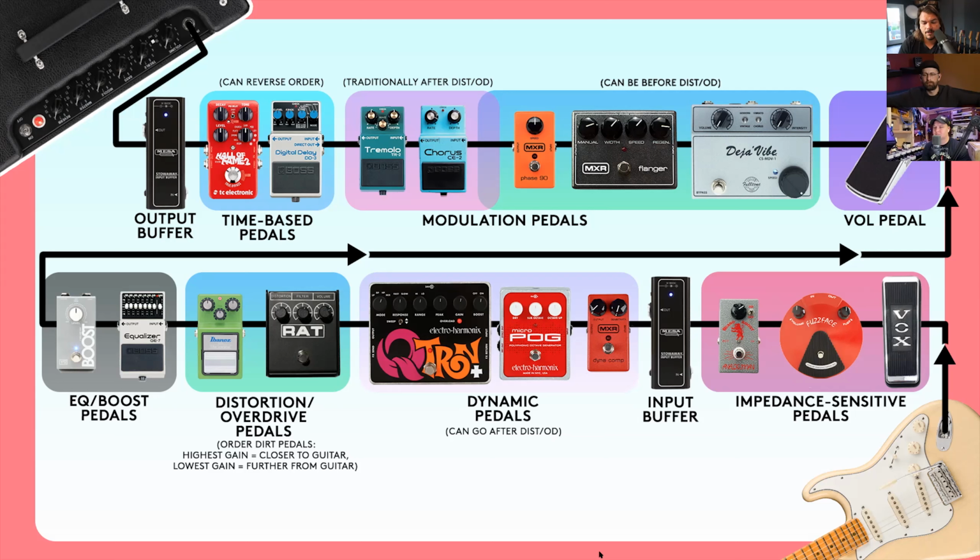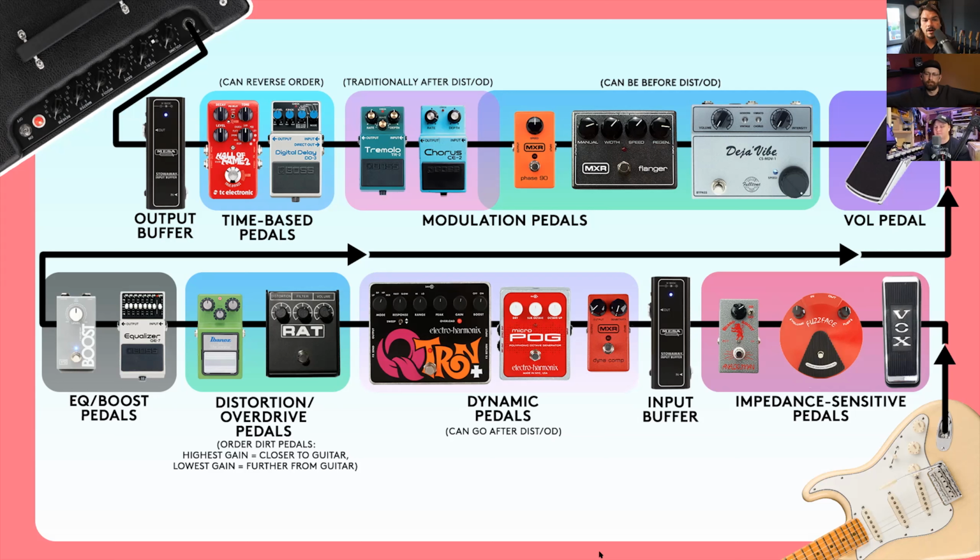The other thing that should be said is that if you have an input buffer, let's say like a Mesa Boogie Stowaway and not a cool interface box like Grant makes, all a tuner out is, is a paralleled output off of the input buffer. So you could just as easily make a Y cable off of the output of your input buffer, and it will function exactly the same way as a tuner out would.